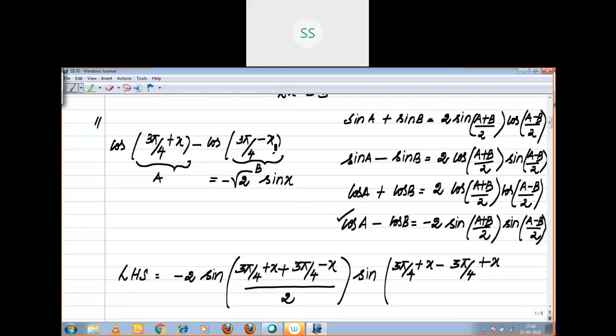Minus B, where B is 3 pi by 4 minus x. So minus into plus, minus 3 pi by 4; minus into minus, plus x. The whole thing divided by 2. 3 pi by 4 and 3 pi by 4 cancel, plus x minus x cancel.